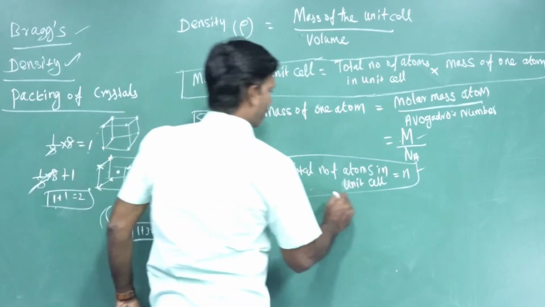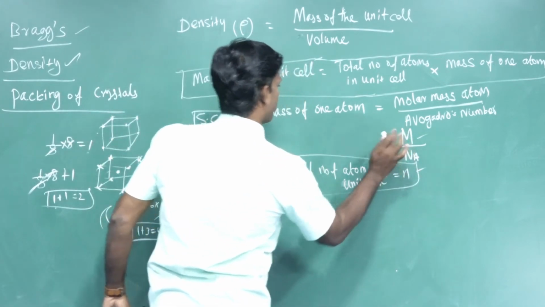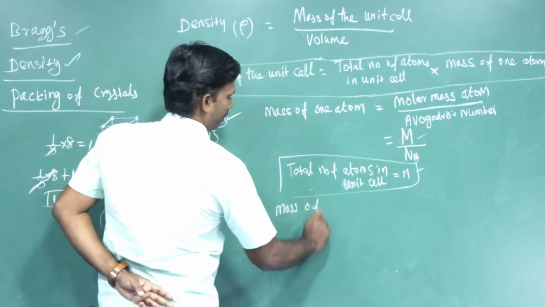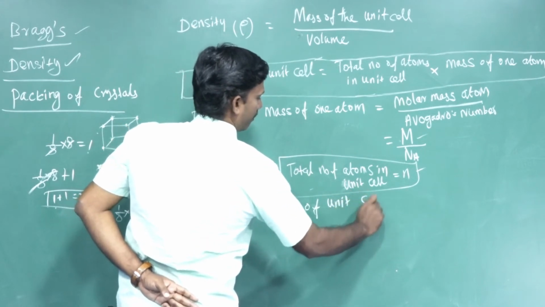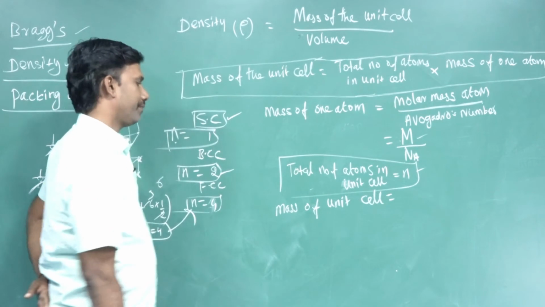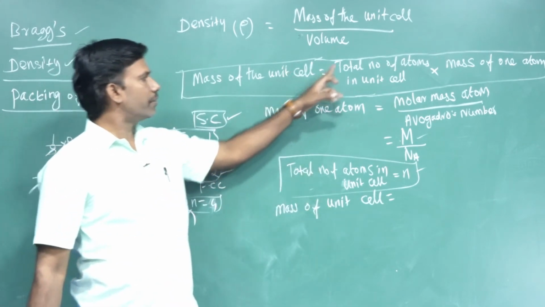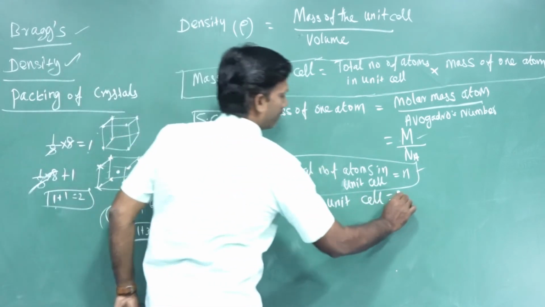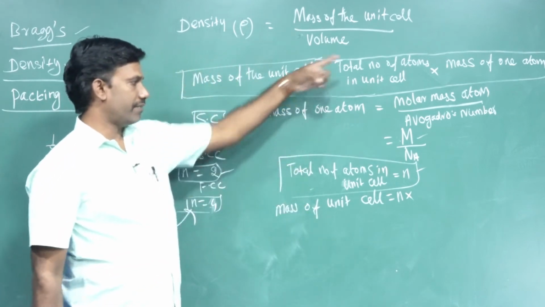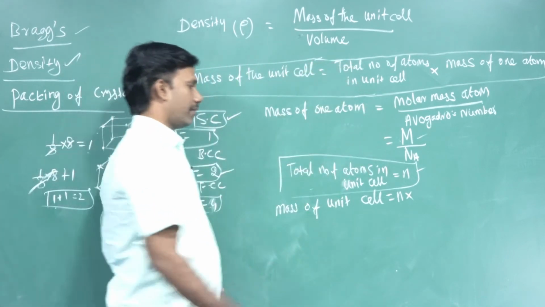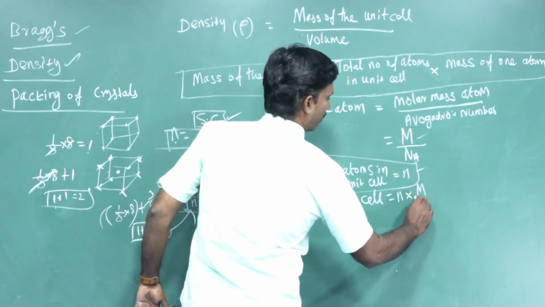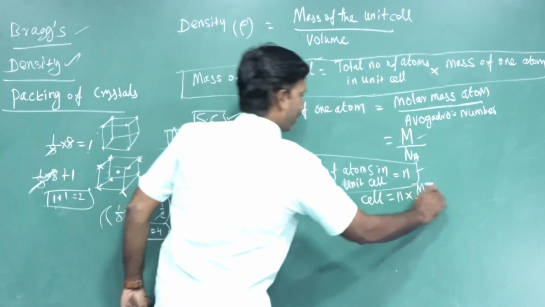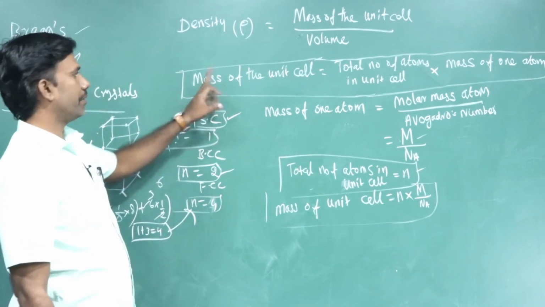Now the total number of atoms equals N, and the mass of one atom is M by N_A. So the mass of the unit cell equals N times the mass of one atom, which we have derived as molar mass divided by Avogadro number. So whatever we got so far, we got the mass of the unit cell.